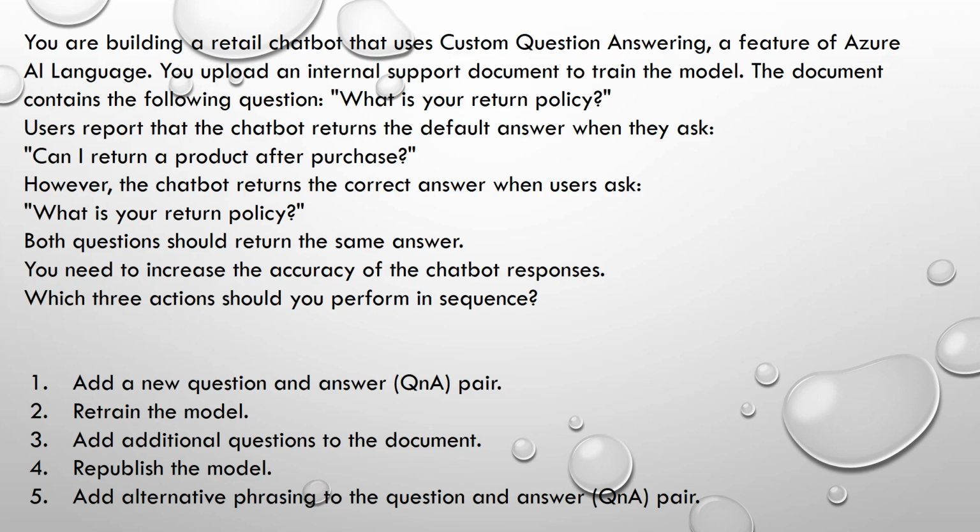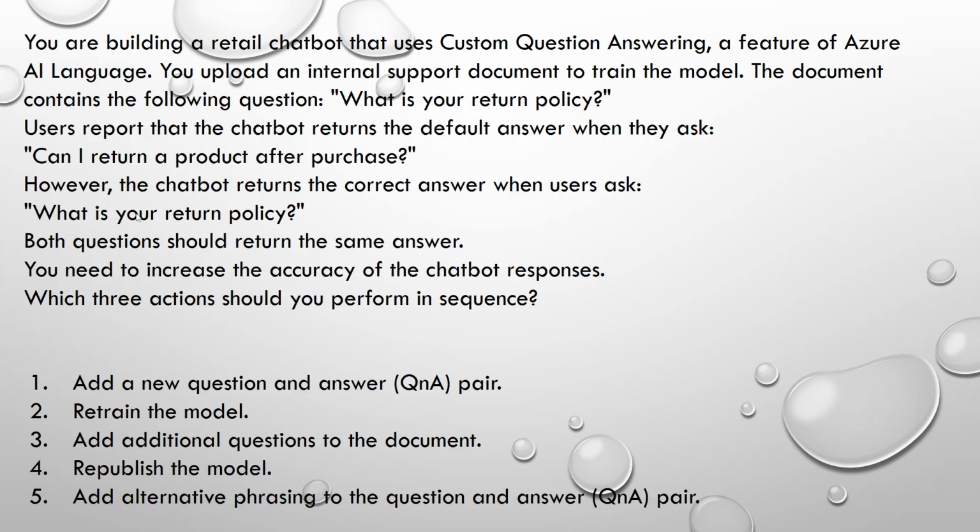Now the model is trained with a document, and in that document there is a question which is, what is your return policy? So whenever the user asks what is your return policy, the model should give the corresponding answer, and that is exactly what the model is doing. When a user is asking what is your return policy, the model is giving the correct answer.